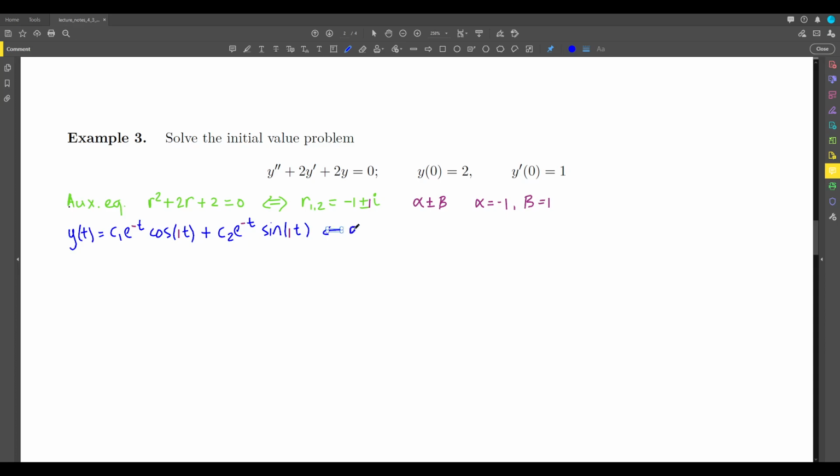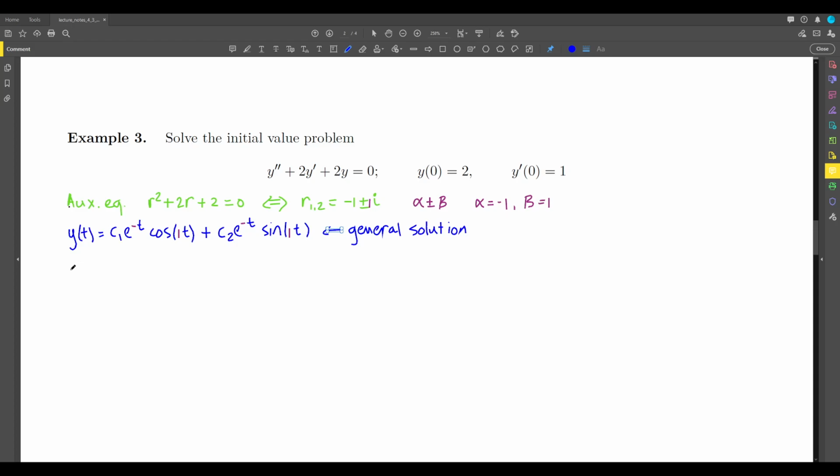So this is our general solution, and we want to use the initial conditions here. And we see that we're using y of 0 equals 2, and we're also using y prime of 0 equals 1. So because we're using the derivative, we're going to have to find the derivative of this right here.